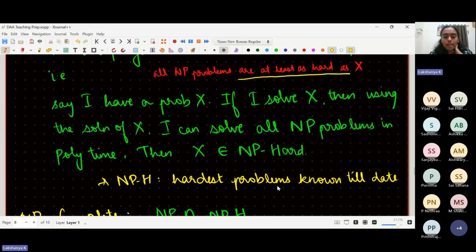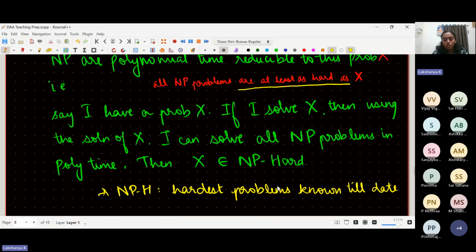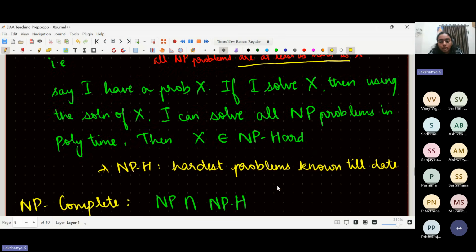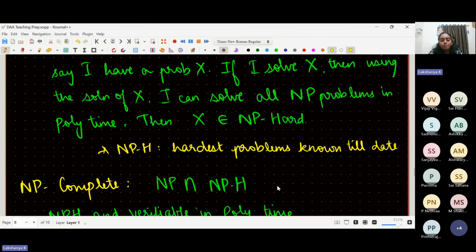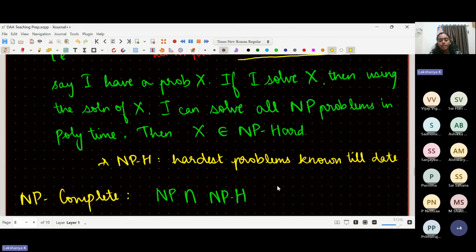So yeah, NP hard, by the way, are the hardest problems known till date. Some of them we have not even come up with solutions yet, right? So with that, I'll move to NP complete. NP complete very simply is NP intersection NP hard, meaning firstly it is an NP hard problem, meaning if you solve this problem, everything in NP can be solved.